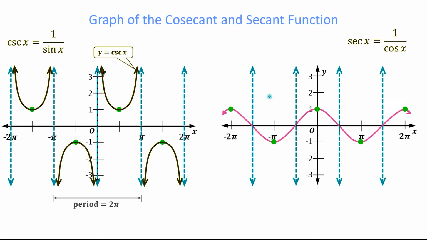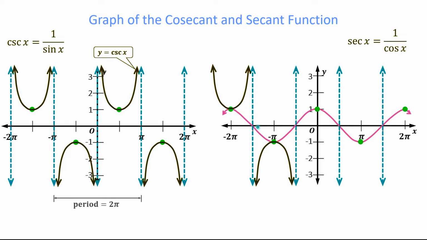So sec x will curve upwards, having gone through y equals 1. And over here, the graph curves upwards for cos x, having gone through y equals -1. But the graph of sec x over here will curve downwards, having gone through y equals -1.